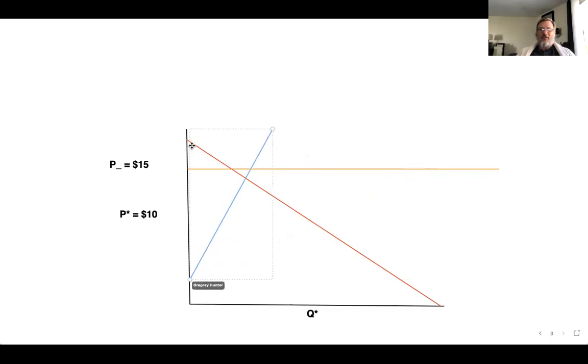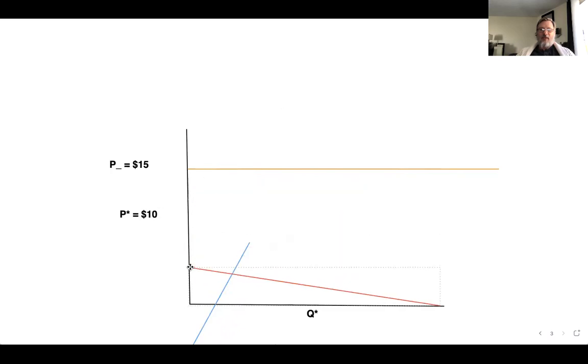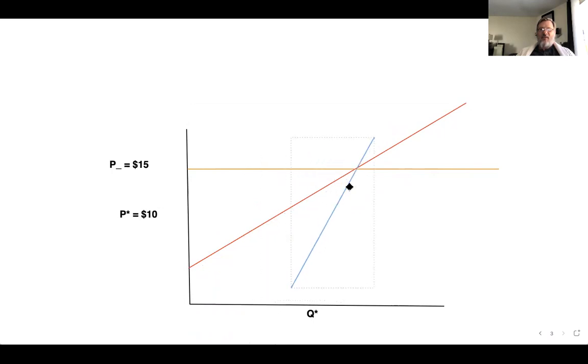So let me change these around. I want to be consistent with the other graphs that I've drawn and with the stuff that's in your book.